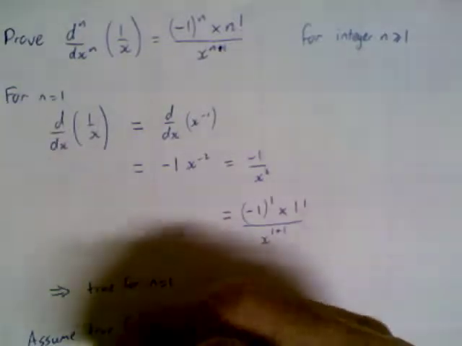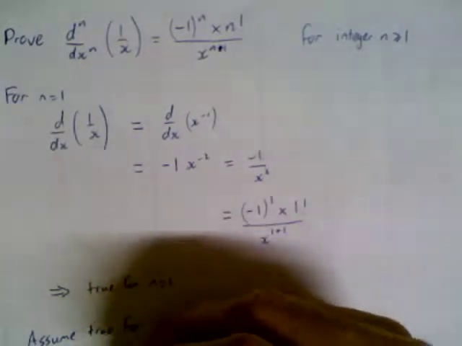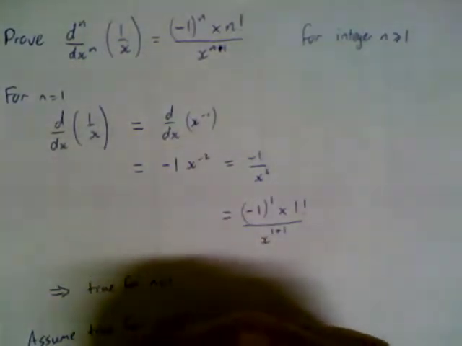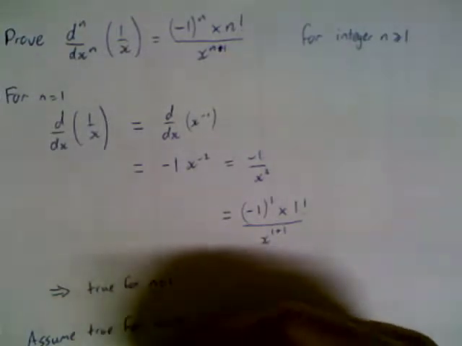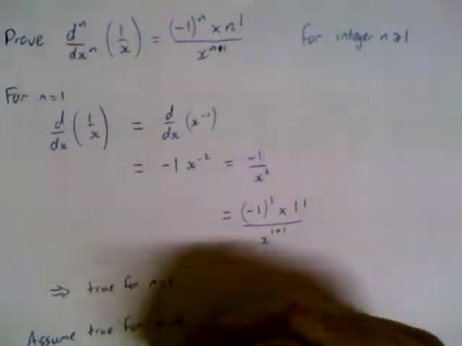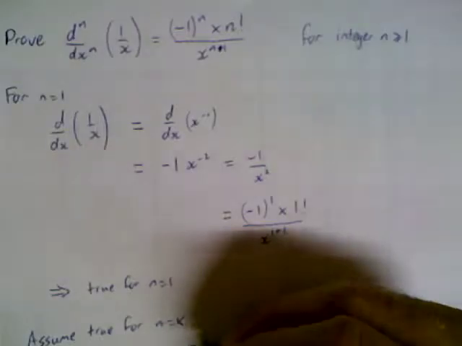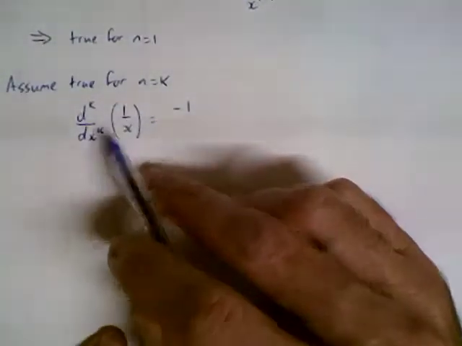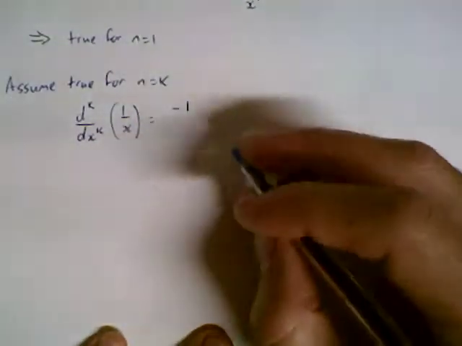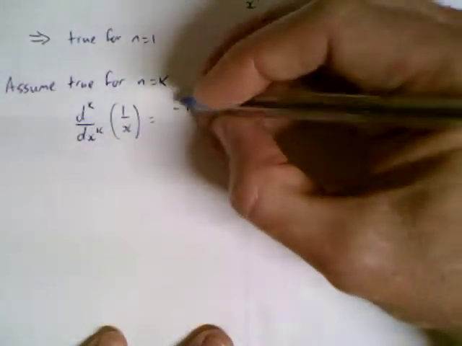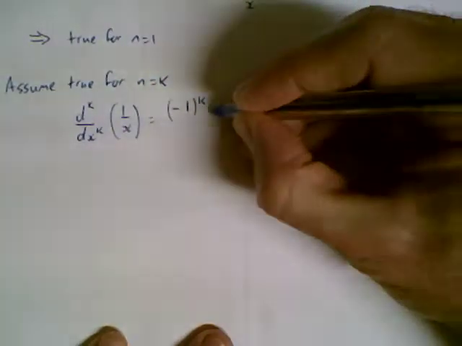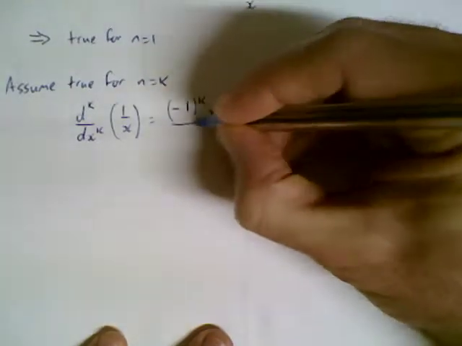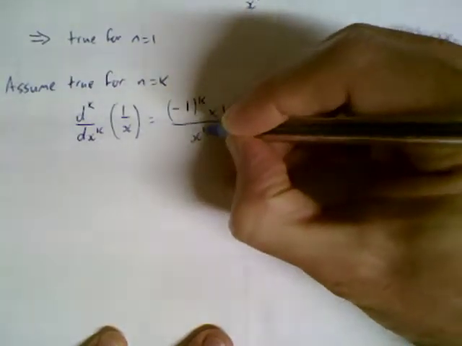In other words, we say that the kth derivative of 1 over x is equal to (-1)^k times k factorial over x^(k+1).